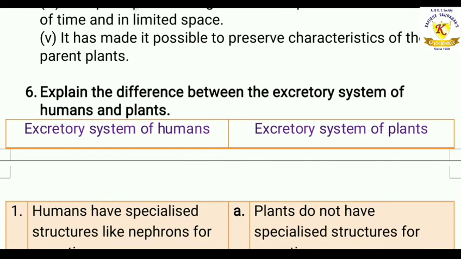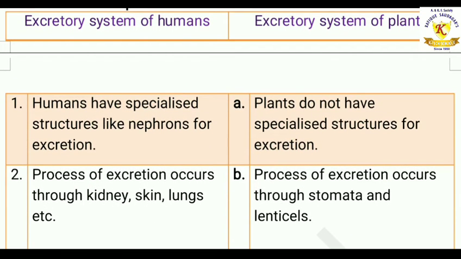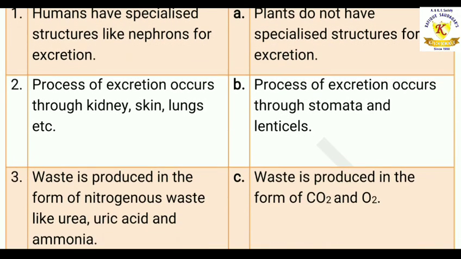Now, sixth question. Explain the difference between the excretory system of human and plants. Let's see the difference between these two. First point. Humans have specialized structures like nephrons for excretion, whereas plants do not have specialized structures for excretion.